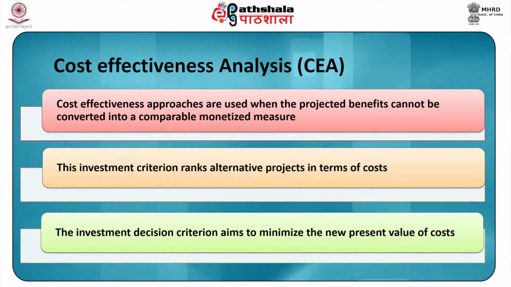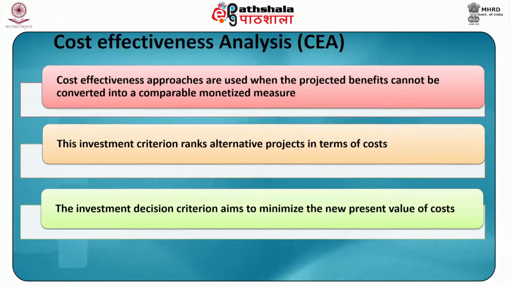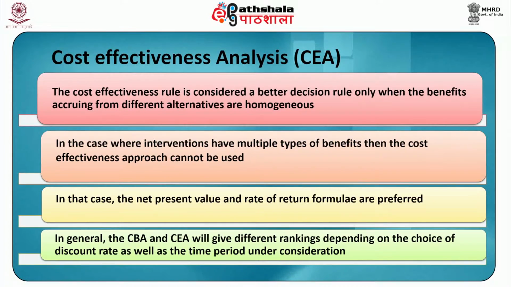The investment decision criterion aims to minimize the net present value of costs. The cost effectiveness rule is considered a better decision rule only when the benefits accruing from different alternatives are homogeneous. It would be appropriate then to use this rule when comparing two or more projects.